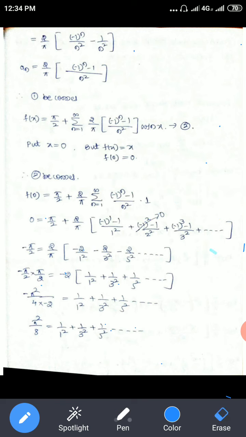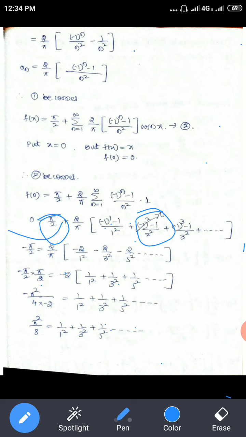So for that, what I'm doing is this minus pi by 2, I'm shifting to this side, 2 by pi. So minus 1 raised to 1 is minus 1, minus 1 minus 1, that is minus 2 divided by 1 square. Then minus 1 the cube is minus 1, minus 1, that is minus 2 divided by 3 square.